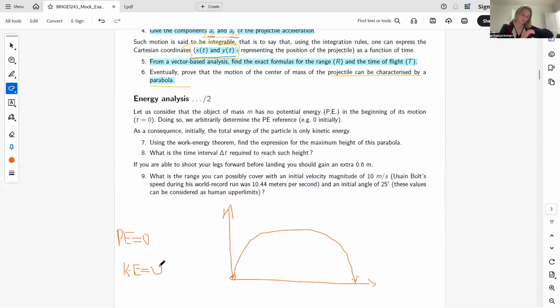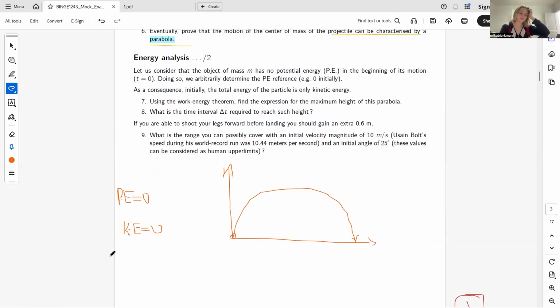But when you throw the ball, potential energy is still equal to 0 because initially it is not attaining any height, but its kinetic energy will have some value. For example, if the ball has mass m and velocity v, then its kinetic energy will be half m v square.